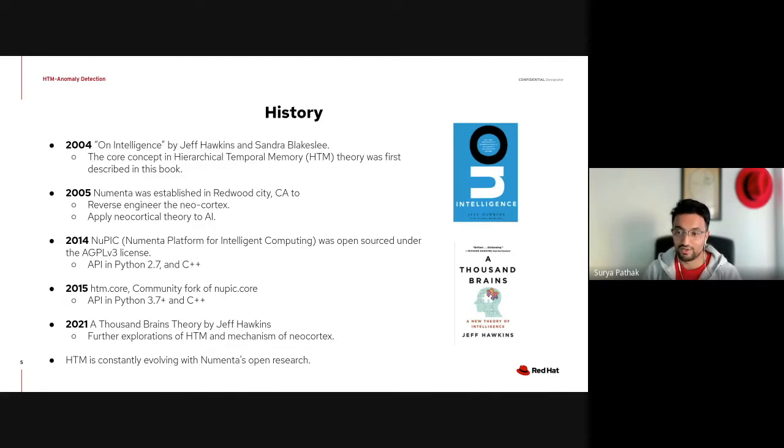Here you can find further explanations of more detailed mechanisms of how the HTM algorithm works and how it is in direct correspondence to how our human brain works. As Jeff Hawkins says, it is really directing to the true intelligence system. And HTM, or Numenta, is constantly evolving with Numenta open research.